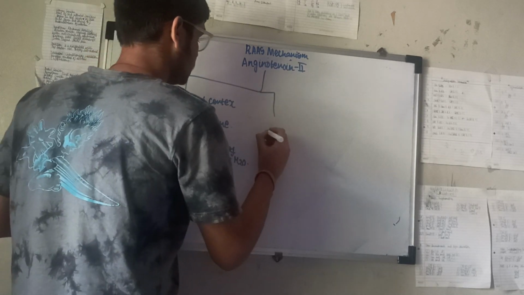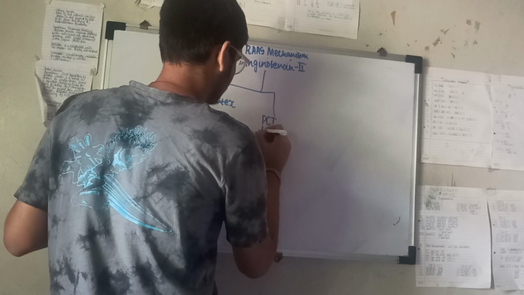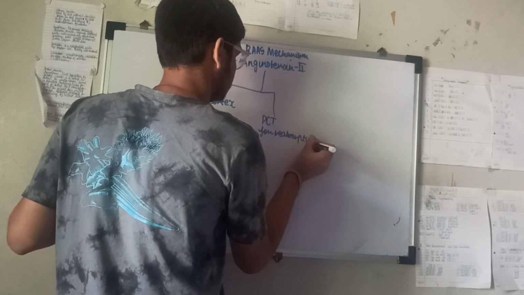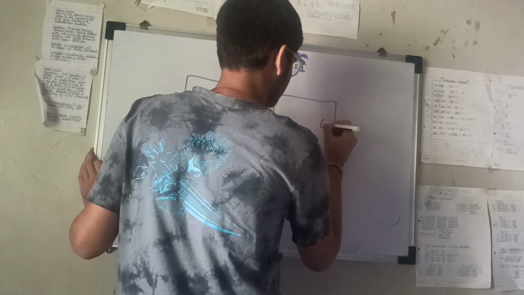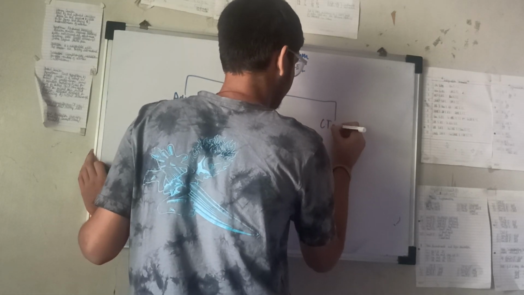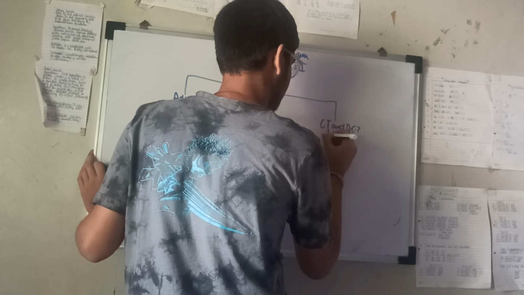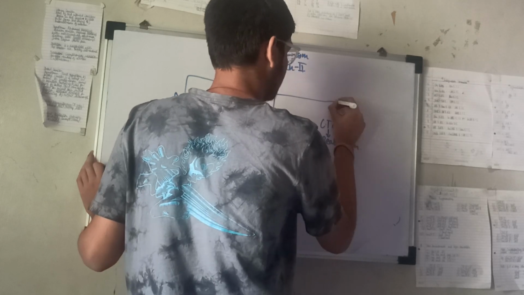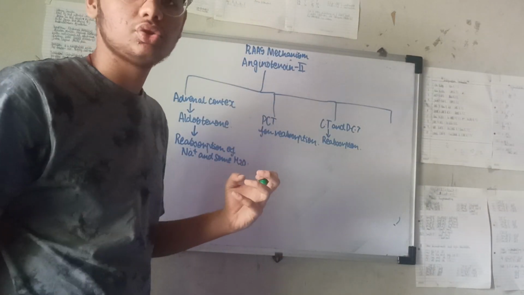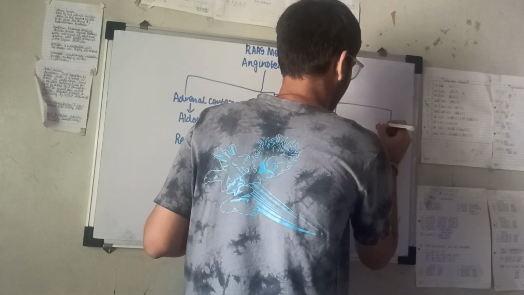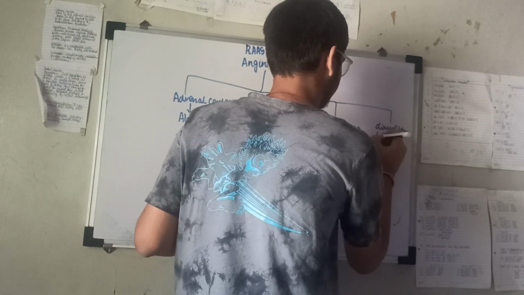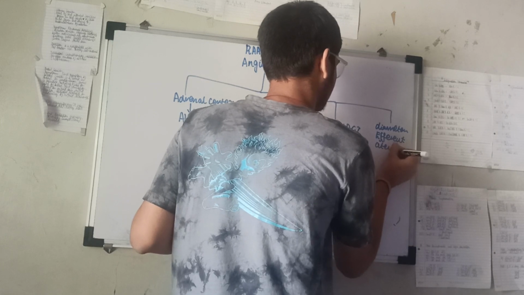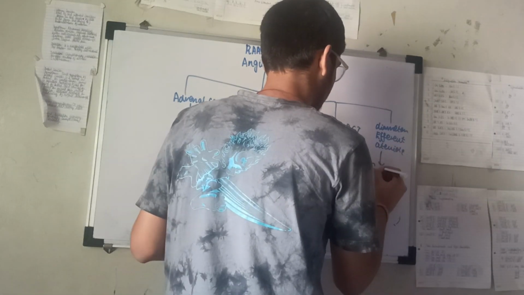Next, this signals the PCT for reabsorption and signals the collecting tubule and DCT for the same, that is reabsorption, and it further reduces the diameter of the efferent arteriole, thereby increasing GFR.